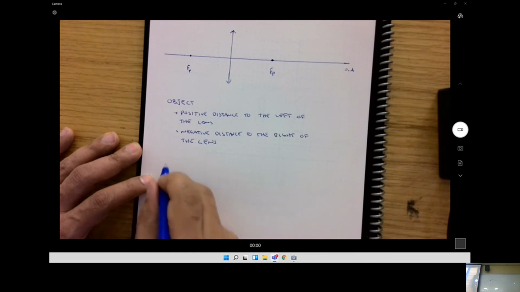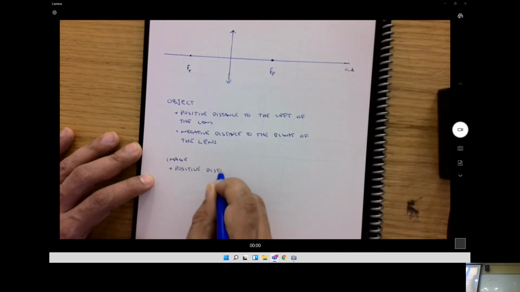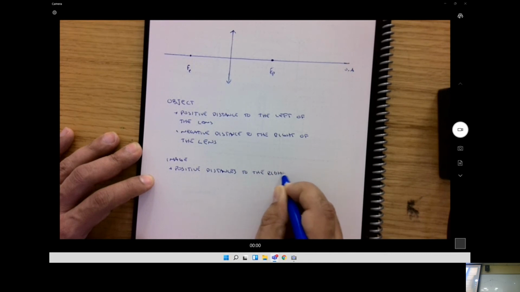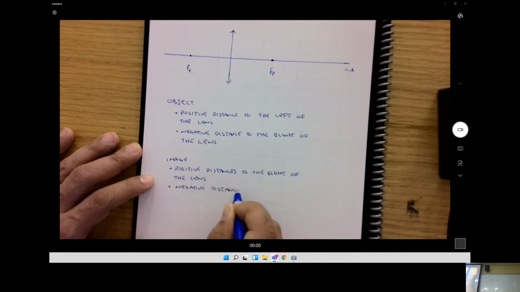And for the image, it's going to be the opposite. Positive distances to the right of the lens, negative distances to the left.